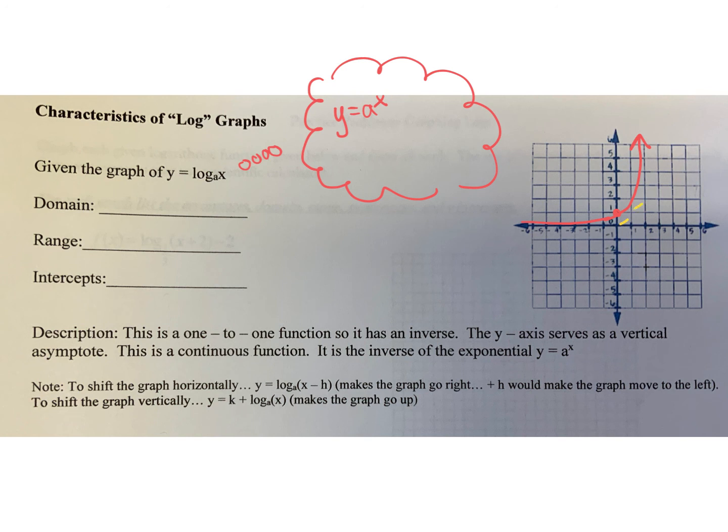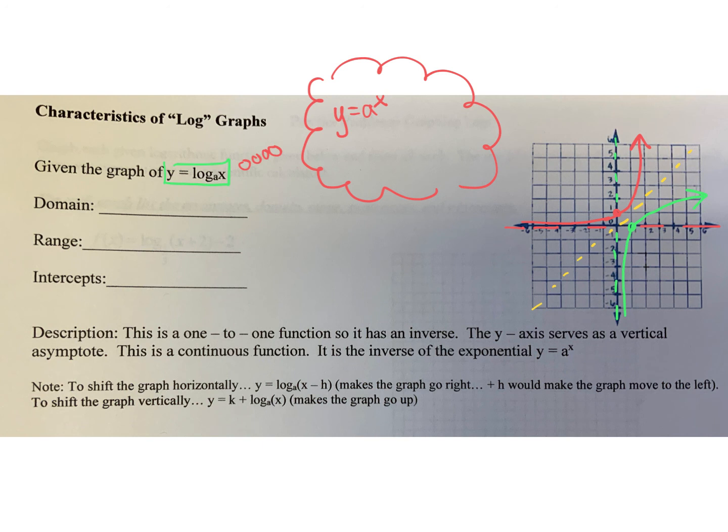So if that was my exponential function, then my log function should reflect over that line. And instead of the horizontal asymptote I had before, now I have a vertical asymptote that goes up and down like this instead.